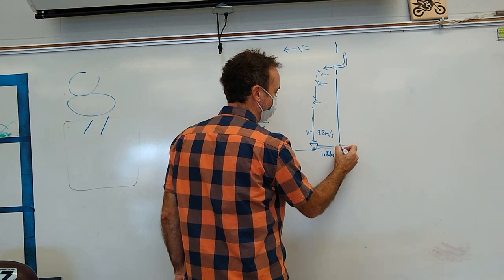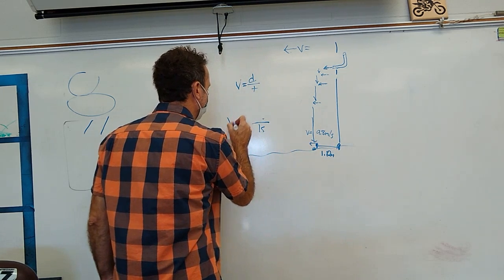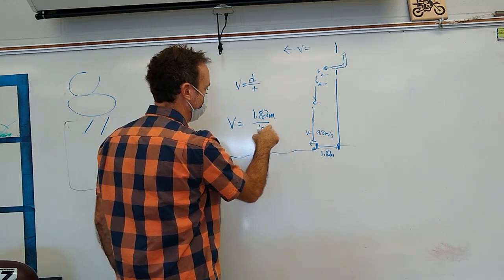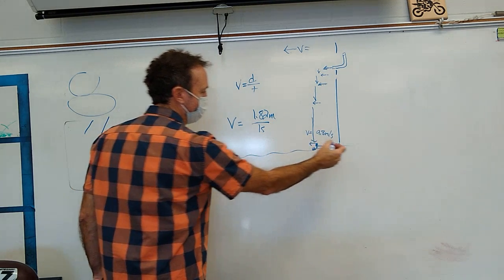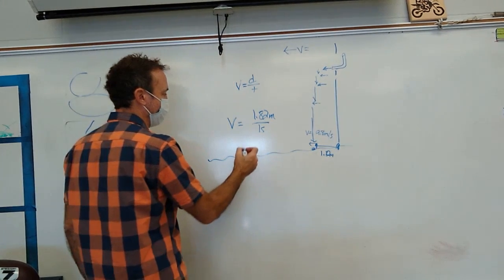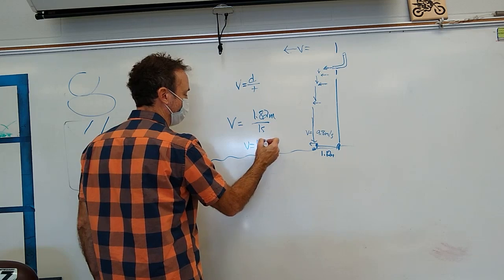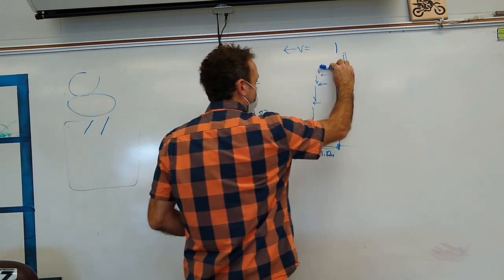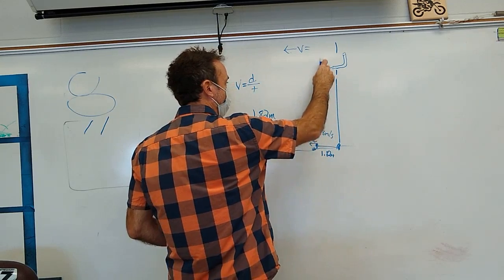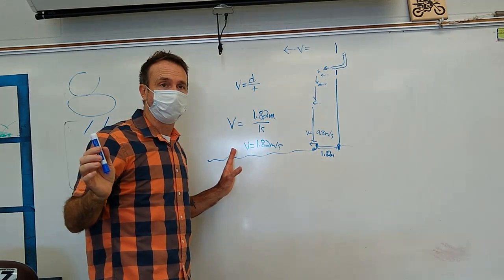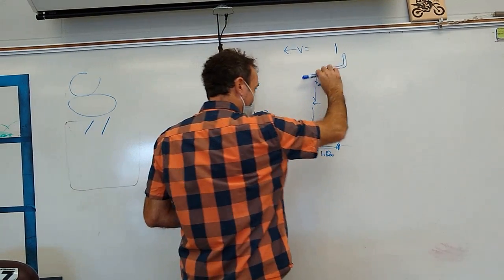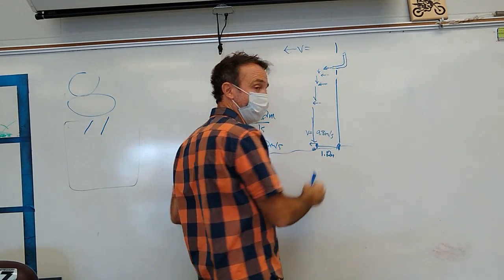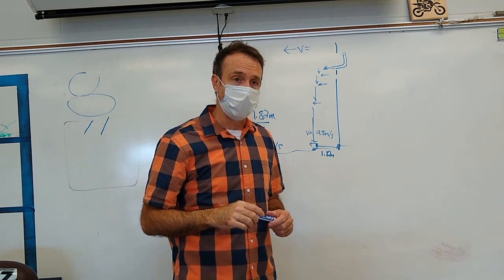That's the distance it went sideways. Velocity is equal to 1.82 meters, and it did that. It moved sideways for 1 second. So its sideways velocity was 1.82 meters per second. The sideways velocity and the downward velocity don't affect each other. The fact that something's moving sideways has nothing to do with it falling. Those two arrows are independent of each other.